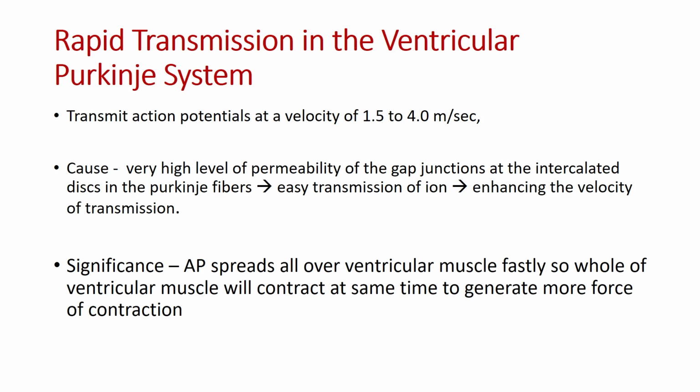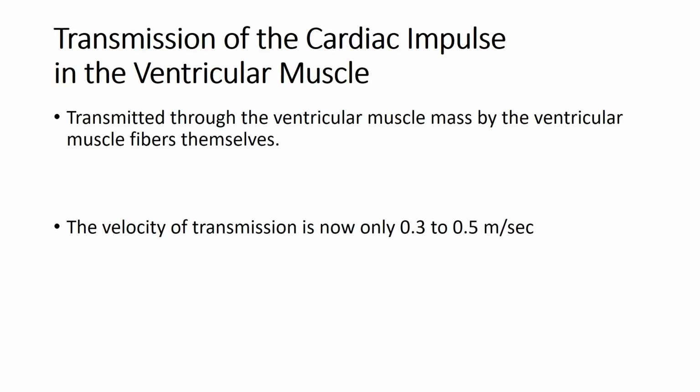What is the significance of this rapid transmission in the ventricular Purkinje system? The action potential spreads all over the ventricular muscle fast, so the whole ventricular muscle will contract at the same time to generate more force of contraction. This is the significance. Now, the transmission of the cardiac impulse in the ventricular muscles.